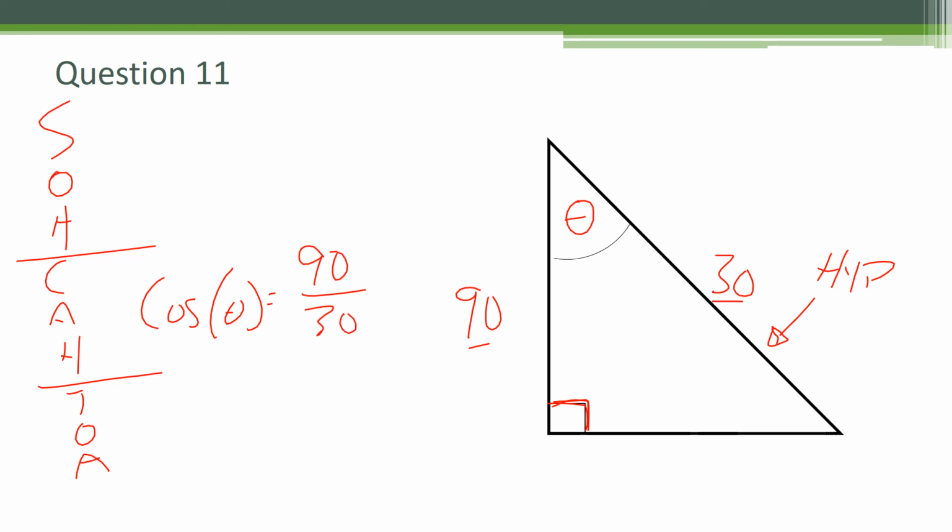Okay, and let's just see what happens. 90 divided by 30 equals shift cos. And on my calculator, I get this. Error. It says, hey, you're trying to do something that doesn't exist, because this has to be the longest side.